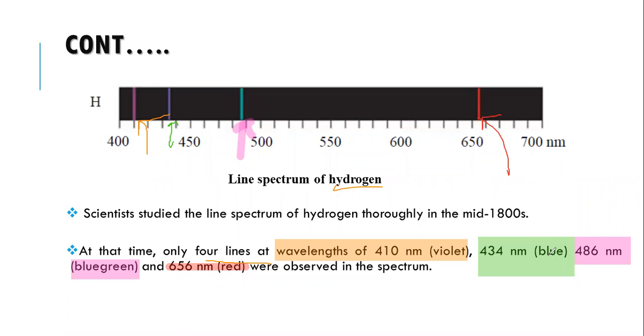You should be very careful about that. The line spectrum means the radiation source emits only at particular wavelengths, and you can see the radiation line only at those wavelengths. In the hydrogen line spectrum there are only four colors: at 410 nanometers, violet; 434 nanometers, blue; 486 nanometers, blue green; and finally 656 nanometers, red.